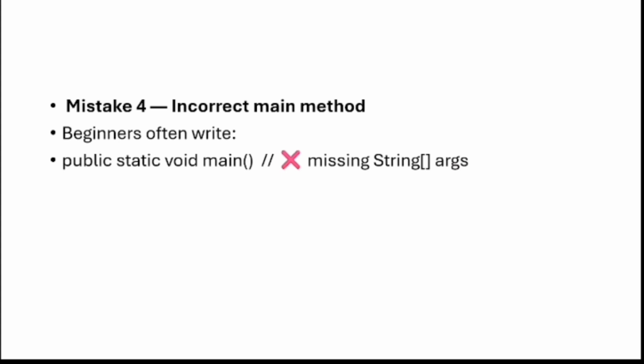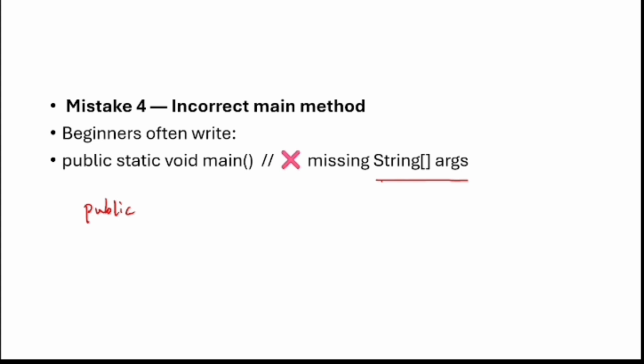next, incorrect main method. Sometimes while writing code, people will not include the String args argument, then also you will get the syntax error. So in Java there is a predefined standard method from where the execution starts.